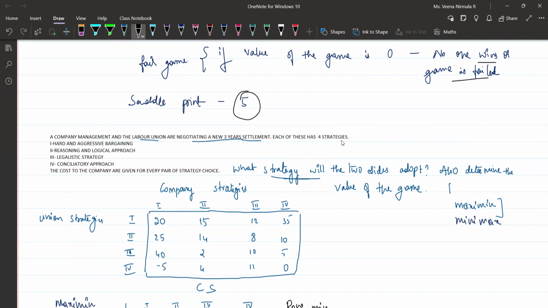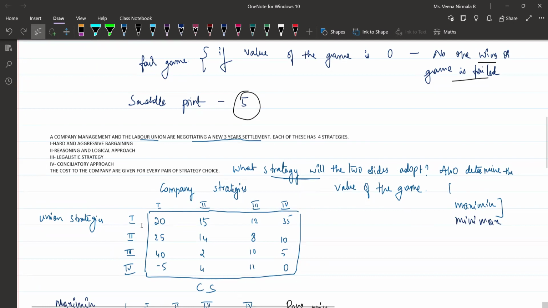Each of these has 4 strategies: hard and aggressive bargaining, reasoning and logical approach, legislative strategy, and conciliatory approach. The costs to the company are given for every pair of strategy choice. What strategy will the two sides adopt? Also determine the value of the game.